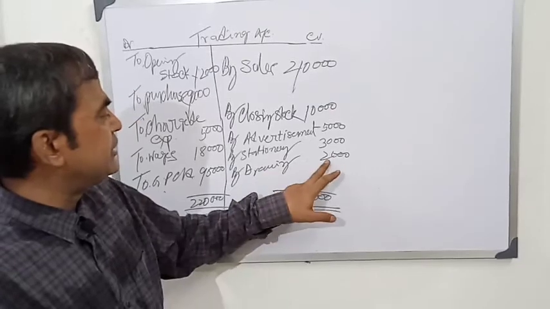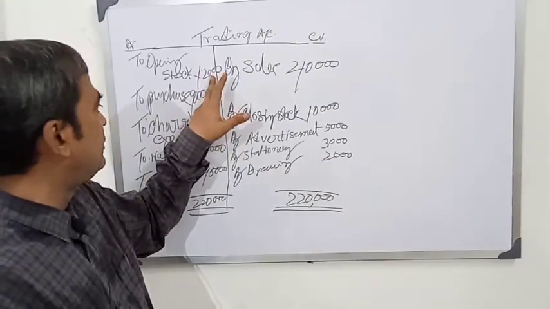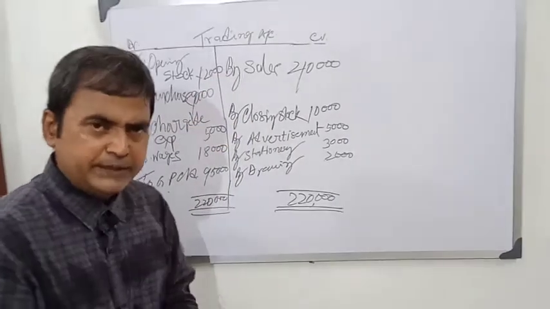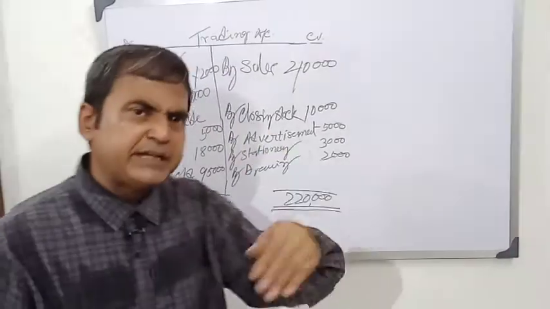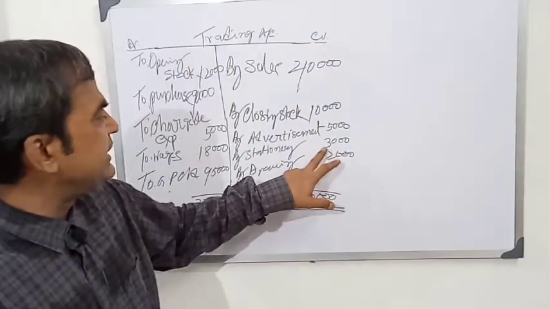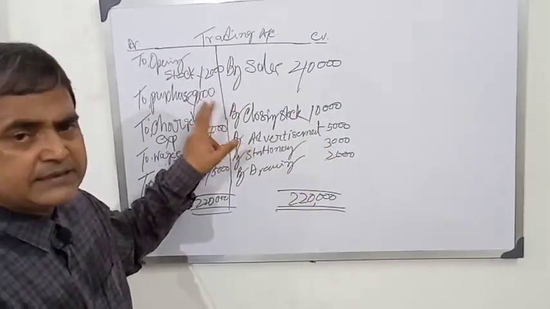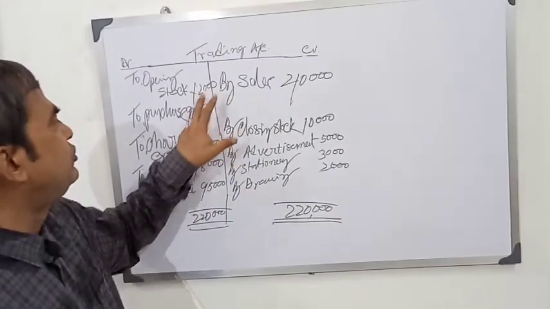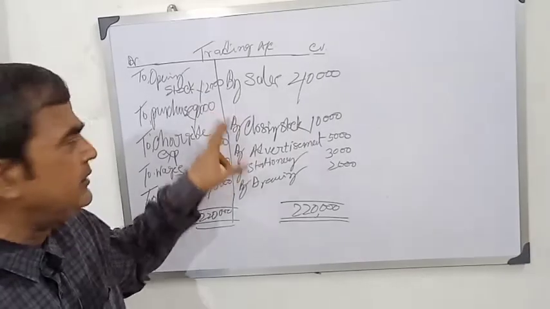Now, this drawing is the drawing of the stock, either from the purchase of the stock or opening stock, which the proprietor has utilized on his own. Now, by stationery 3,000 means out of this 90,000 or 12,000, available goods were 1,02,000.